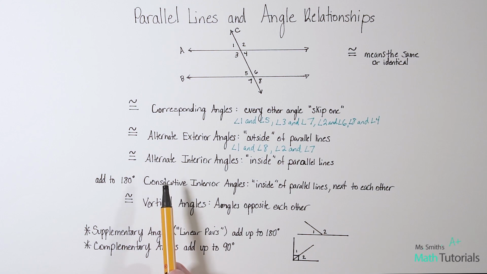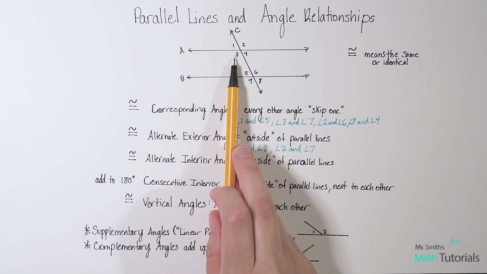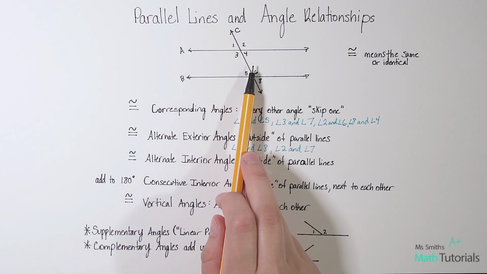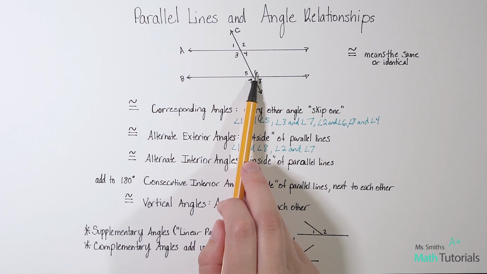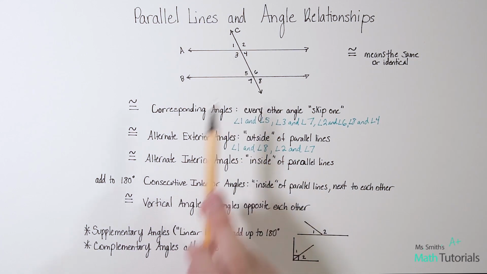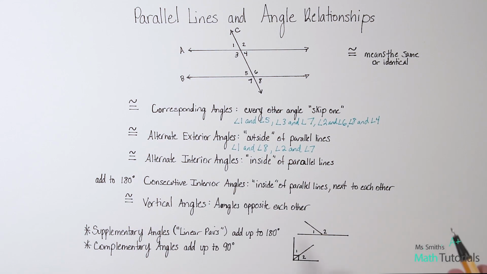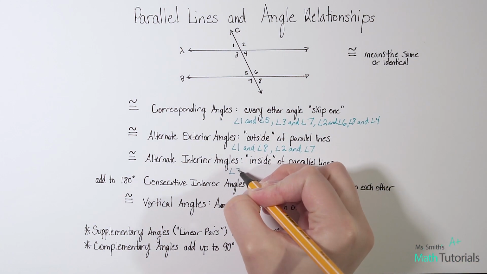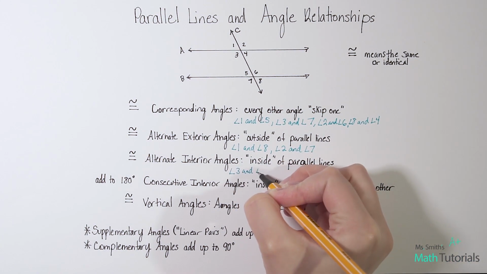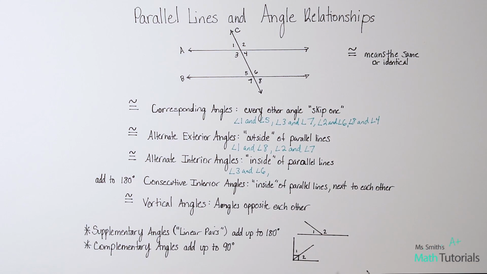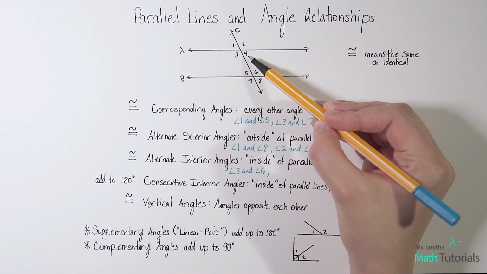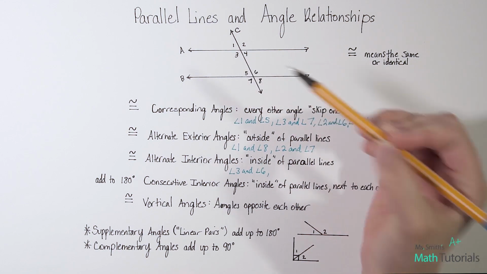So we could start with 3 and go the alternate side down here to 6. So 3 and 6 would be alternate interior angles. So angle 3 and angle 6. And then our other alternate interior would be angle 4 and angle 5.